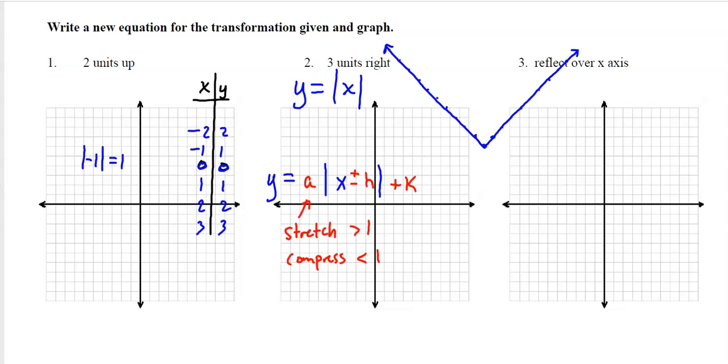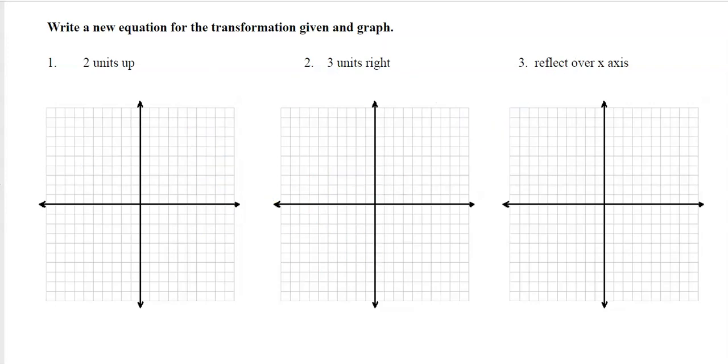So let's scroll down and write a new equation. If we want this thing to move 2 units up, we have the parent function up above. 2 units up is just going to shift everything 2 units up. And what that means is you're going to take your normal parent function, and 2 units up means you're going to add 2 to the back of it.